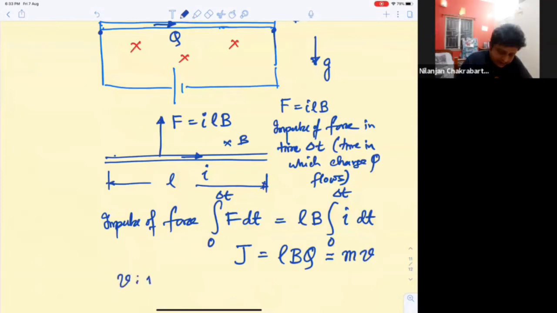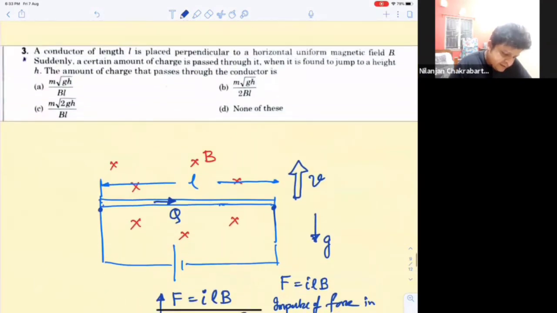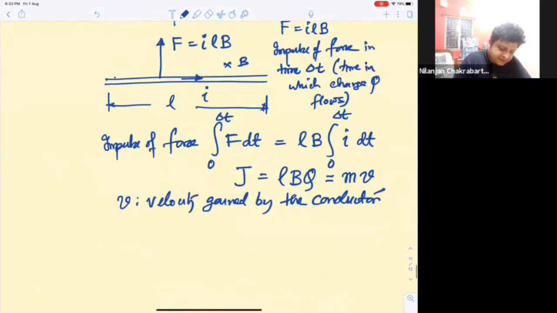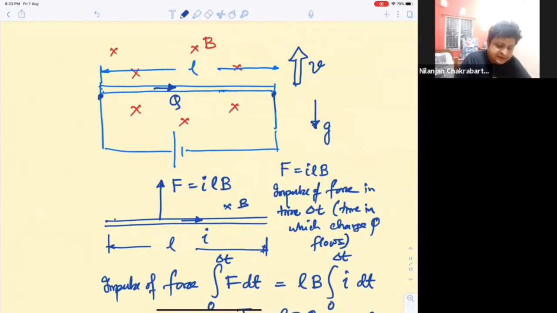V is the velocity gained by the conductor, and M is the mass of the conductor, right? As I said, there should be loose contacts here, else it can't jump.